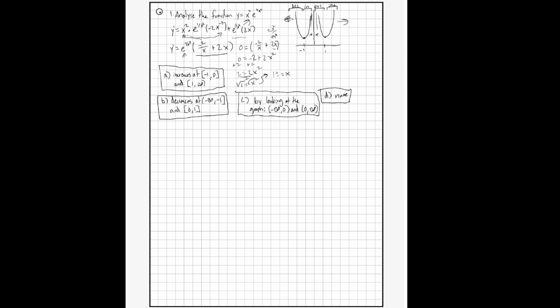Question E says find local extrema. Well, to find local extrema, I have to plug -1, this answer right here, into the regular y equation. That one right there. So for the first one, when I do -1 for x, -1 times -1 equals +1.